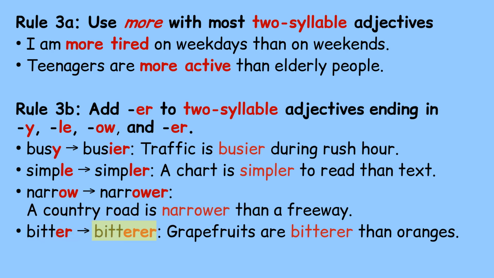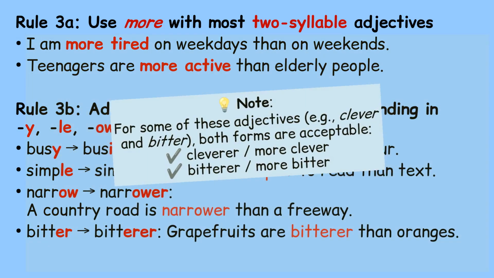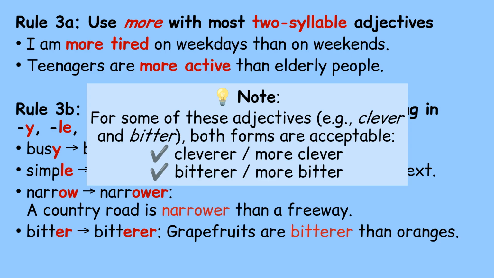Bitter, bitterer. Grapefruits are bitterer than oranges. For some of these adjectives, like clever and bitter, both forms are acceptable, cleverer and more clever, or bitterer and more bitter.